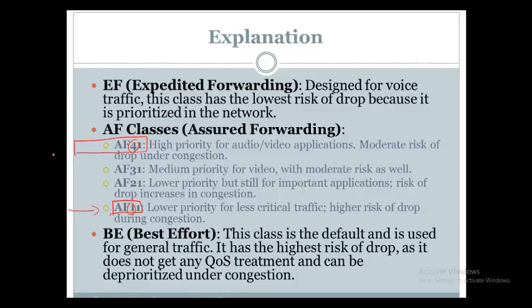This will get dropped. The packet with no QoS will get dropped first. Highest risk of dropping, because it has no QoS. So under congestion, this gets dropped.